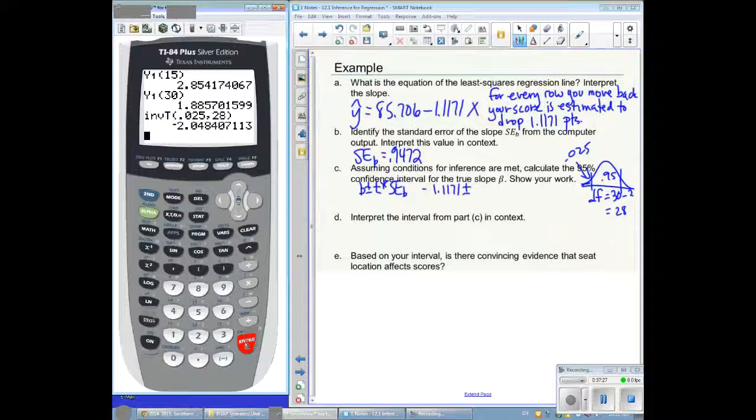But remember, when you're putting it into the formula, you want to make sure you take the absolute value of that. And then what about the standard error? That's given to us, right? So 0.9472. So when we're calculating the interval, we want to do the subtraction first. So we'll do the negative 1.